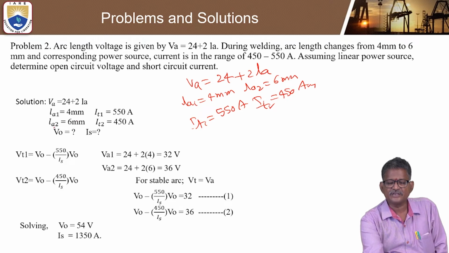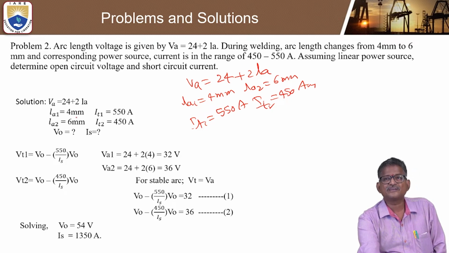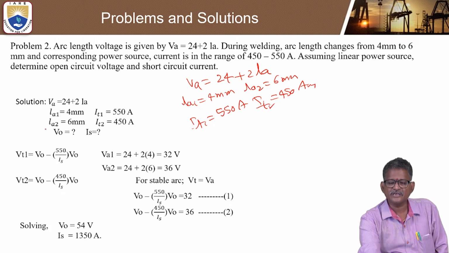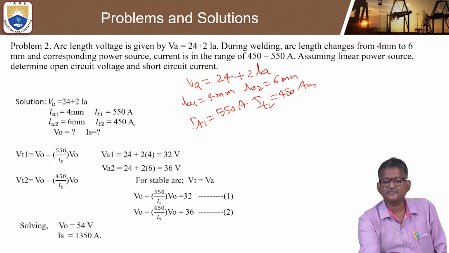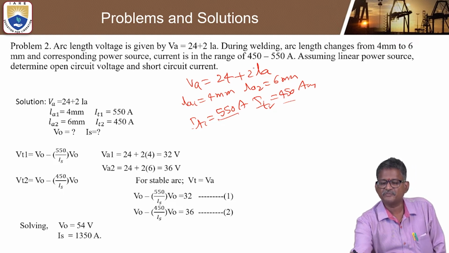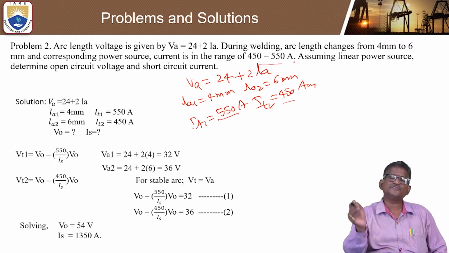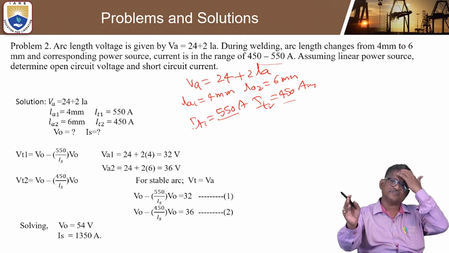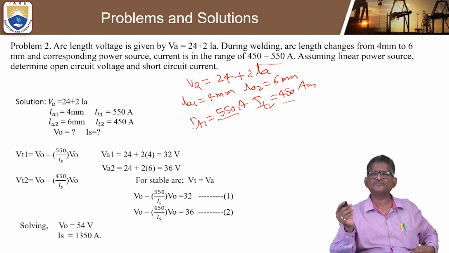LA1 is 4 and LA2 is 6, and with respect to this, they will add 450, but we should not do it. First, low arc length means high power, high current. Similarly, high arc length means low current. You should take it like this, 550 and 450, but they have given 450 to 550 for confusion. Majority of the students make mistakes with this.